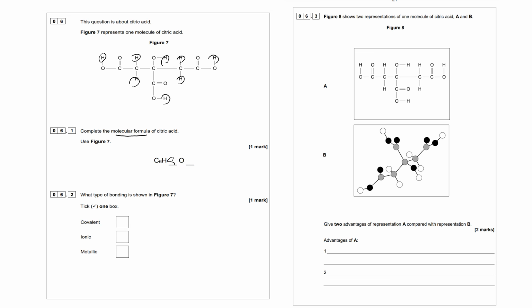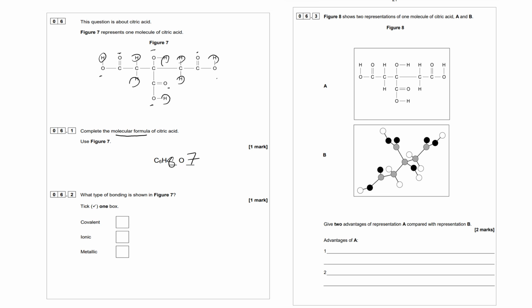So that becomes H8. And now we need to count the number of oxygens. 1, 2, 3, 4, 5, 6, and 7. So for 1 mark, you just needed to write down C6H8O7.